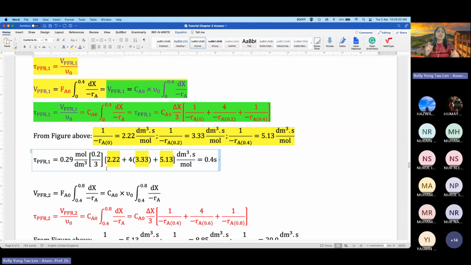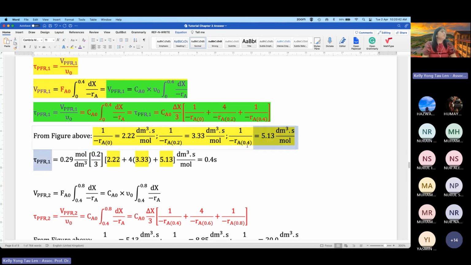To find delta X, I think I have repeated it many times, and you should already understand. Delta X is the gap between 0 and 0.2, which is 0.2, or between 0.2 and 0.4, still 0.2. So you get your delta X as 0.2.